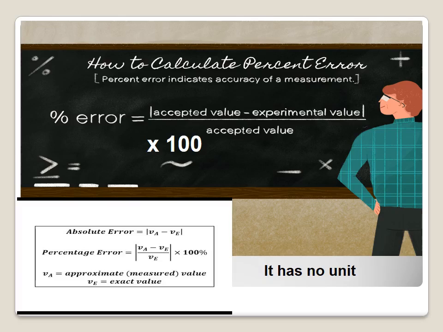Then absolute error is represented by modulus of VA minus VE. So its percentage error is equal to modulus of VA minus VE divided by VE into 100%. That is, absolute error divided by the arithmetic mean or true value of the physical quantity, multiplied by 100, or its relative error multiplied by 100.